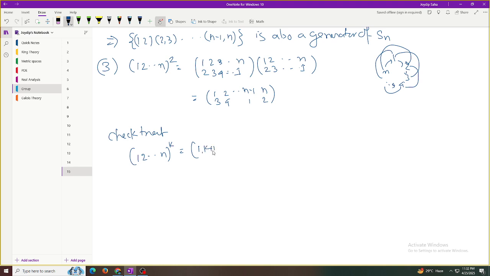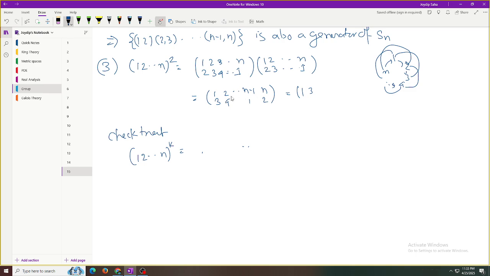Then 2 goes to k plus 2. So I should write it this way. 1 goes to 3, so in cycle notation, 1 3, there is a gap of 2.